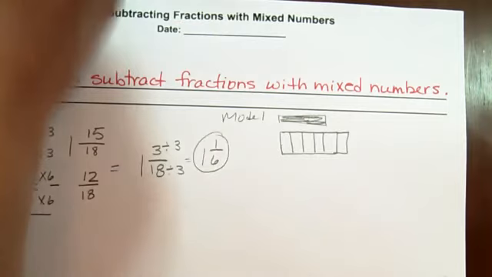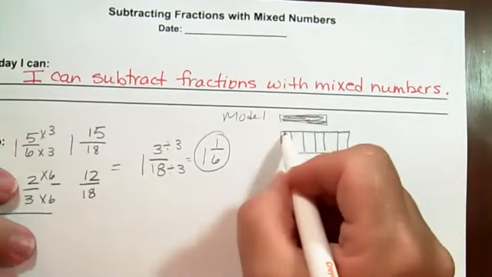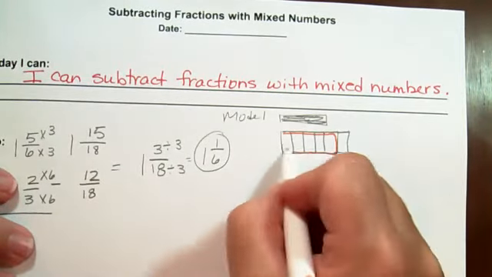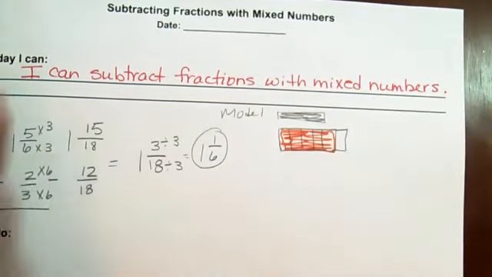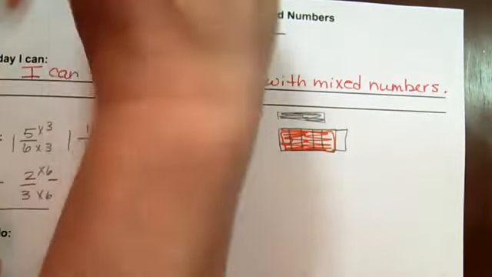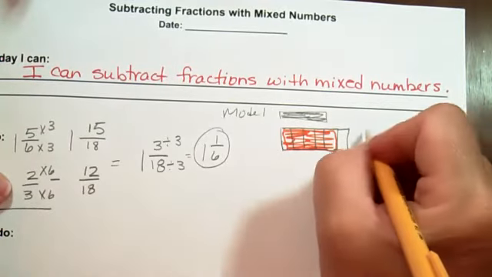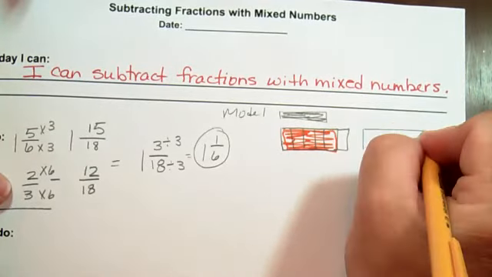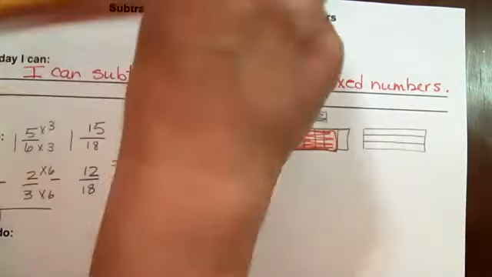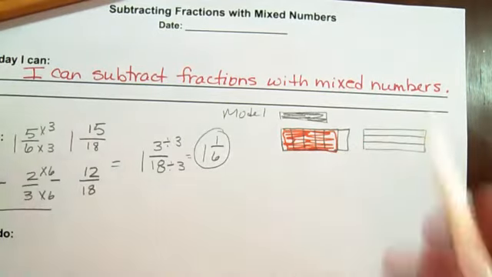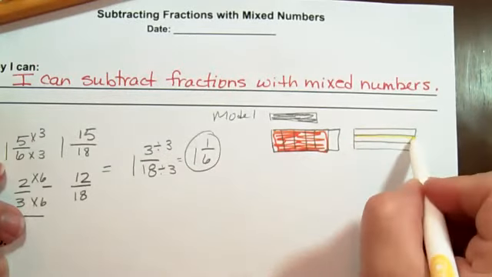And then we're going to color the 5/6. I'm not going to color it fully just so y'all can see them. And then beside that one, we're going to do 2/3. So 1, 2, and 3. And we're going to color the 2/3.